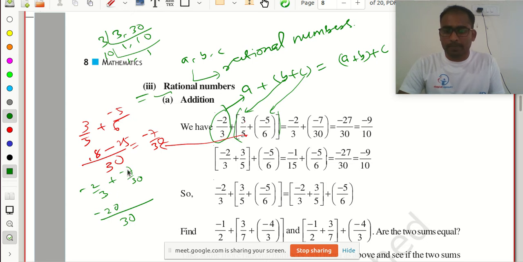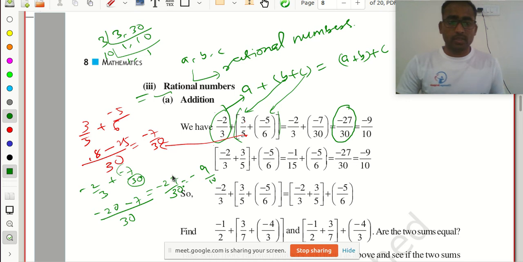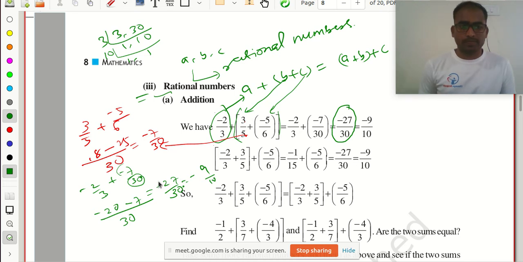Same here, this 30 goes one time in 30. So 1 into minus 7, minus 7. So I will get minus 27 by 30. Okay. So I got the result as this one. And I can write this as minus 9 by 10 also, if I divide by 3.